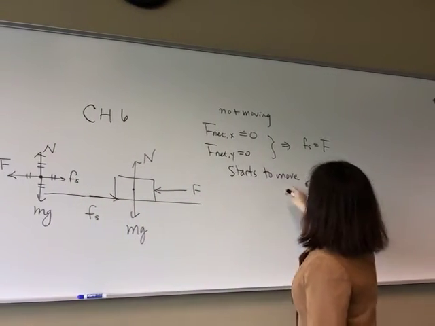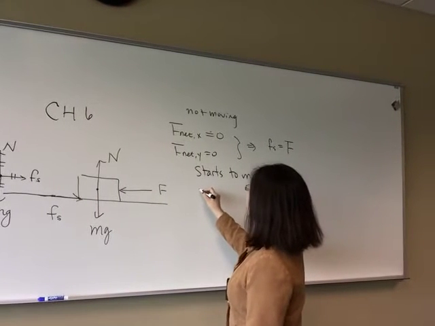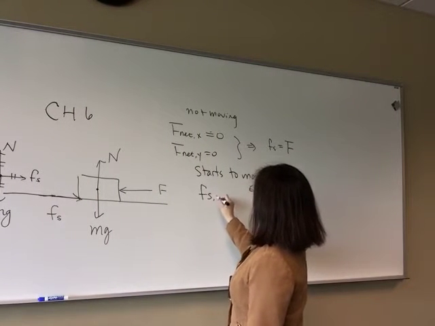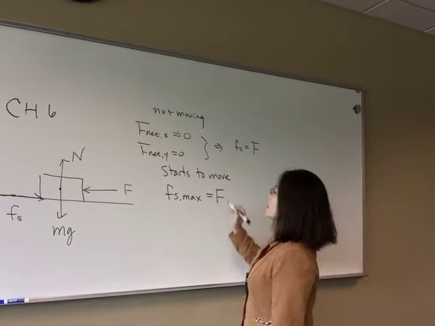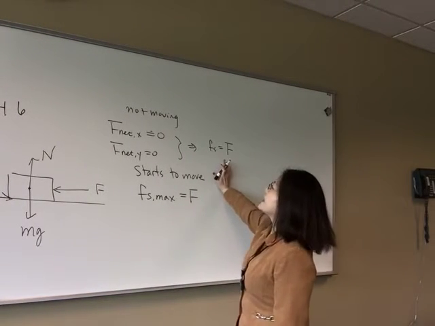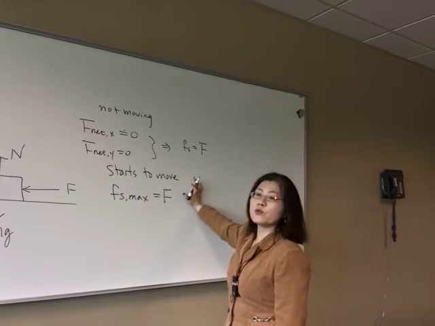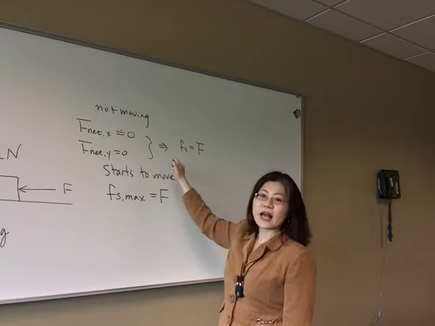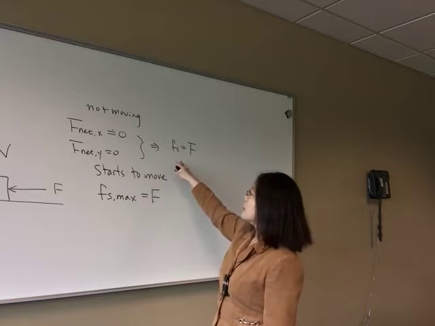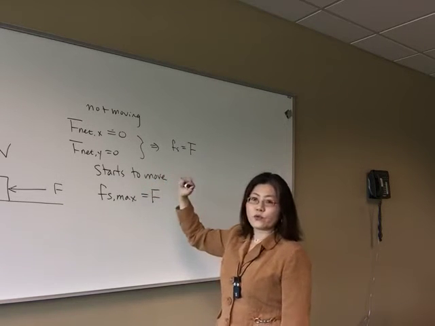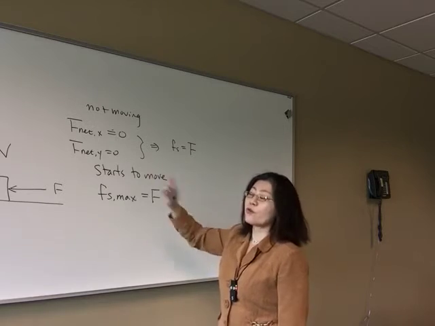So when it starts to move, the maximum static friction is equal to the applied force. You can see that when it's not moving, or when it just starts to move, the applied force is exactly balanced by the frictional force, and those frictional forces are static, which means the whole thing is not moving.